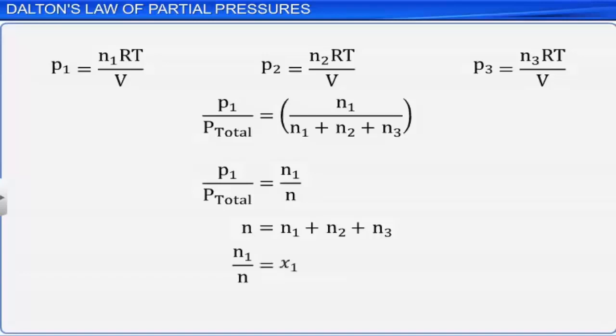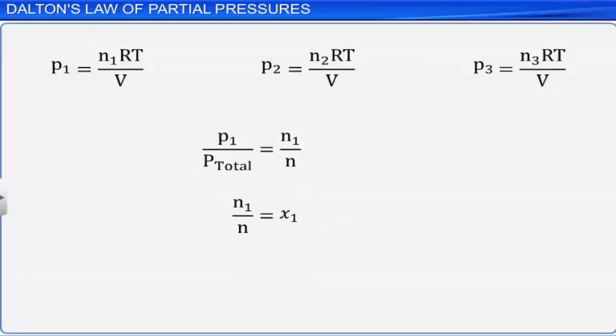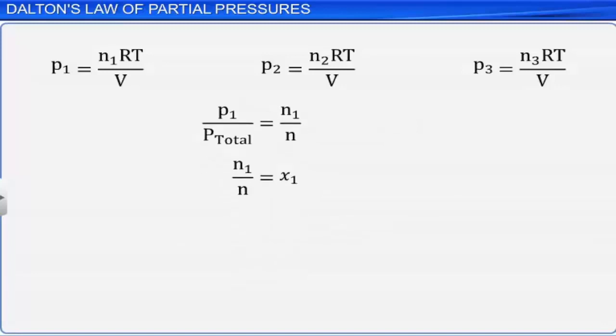For a mixture of gases, the mole fraction can be defined as the ratio of number of moles of an individual gas to the total number of moles of all the gases present in a mixture. On substituting the values, we get P1 divided by P total is equal to X1.